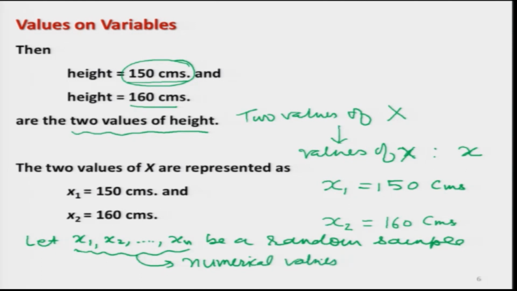And they are the numerical values of the data that is recorded on the variable X. So, if I say X is height, and suppose I have collected 20 students and I have recorded their heights, then the values of those heights are going to be denoted by x1, x2, say up to x20. So, this is the simple interpretation of this notation, and which is going to be used in all the further lectures.